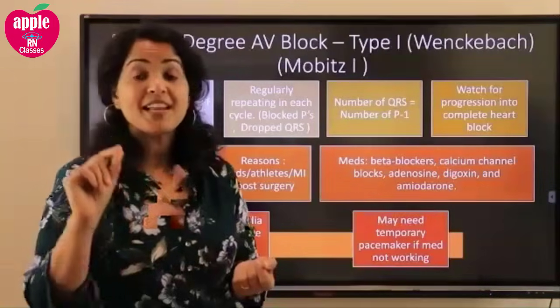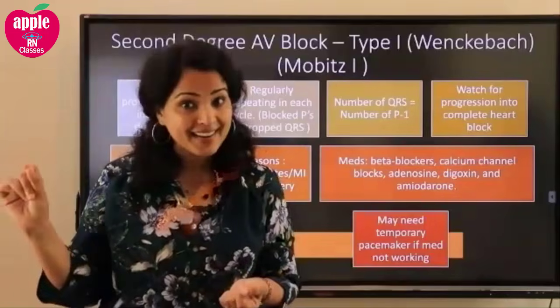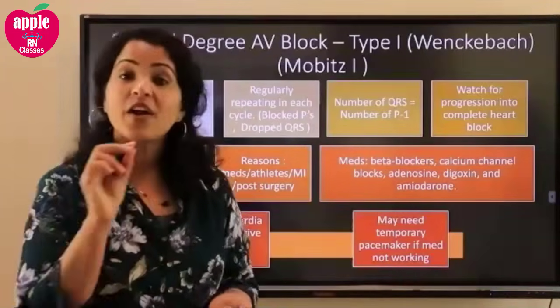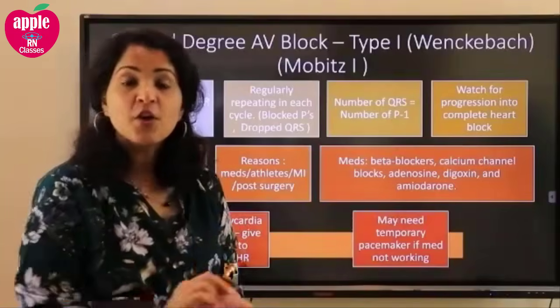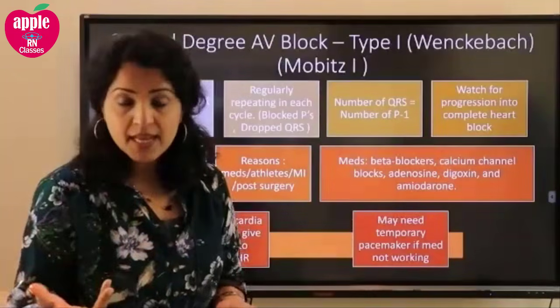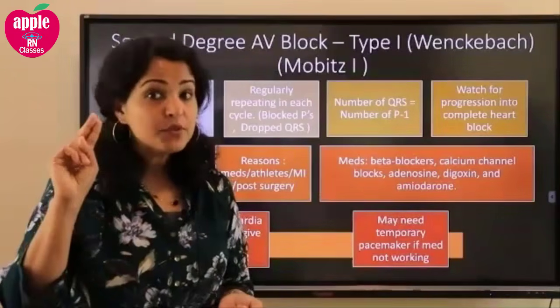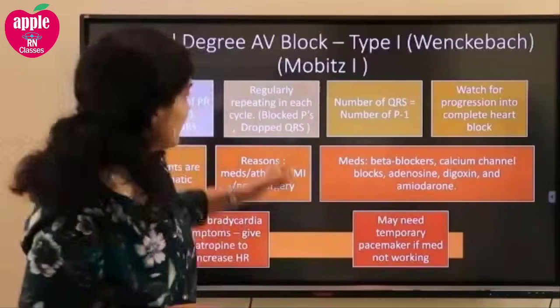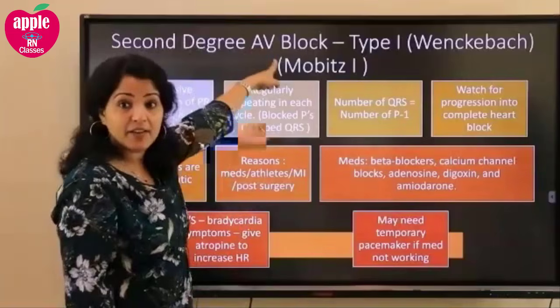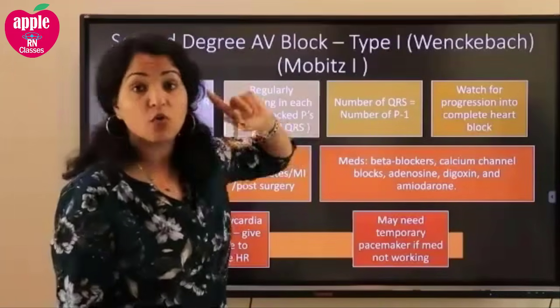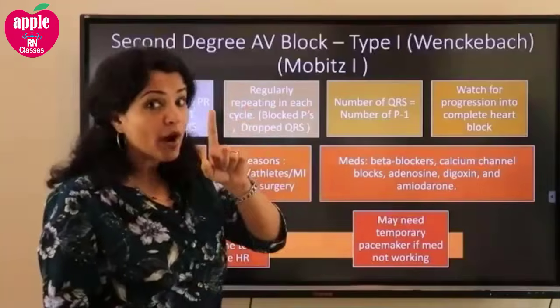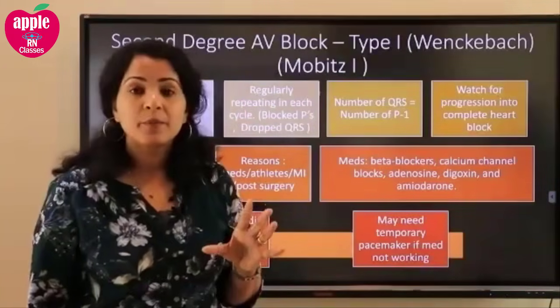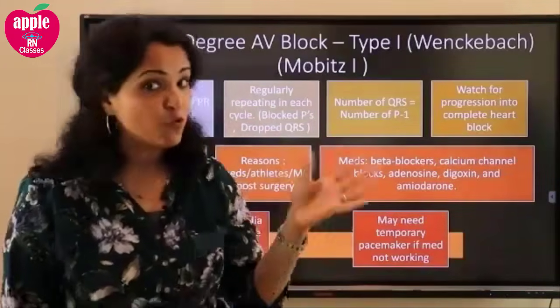Bradycardia, what is the major medicine we use in bradycardia? Atropine. So in these patients who have symptoms and they are type 1, not type 2, type 1 in second degree, this is second degree AV block type 1 or Winky-Back or Mobitz 1, counseling might work.